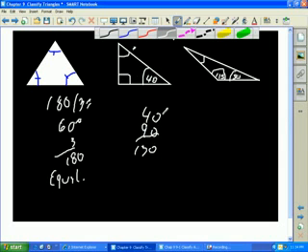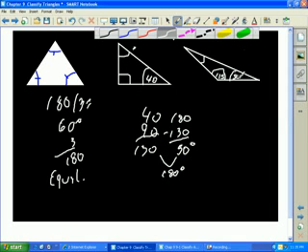And to find the missing angle, we're going to say 180 subtract 130, and that missing angle is 50 degrees. Well, 50 plus 130 equals 180. So when I add them up, they do equal 180 degrees, so we know we did it correct.